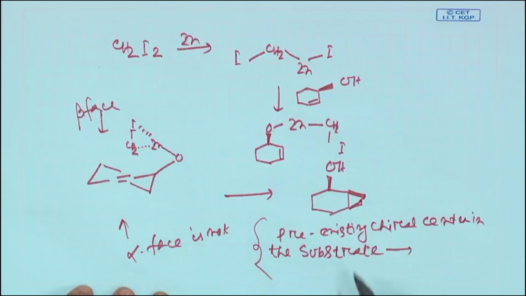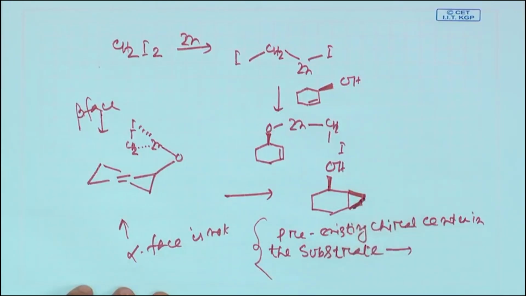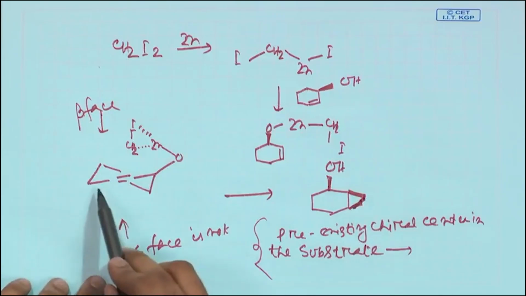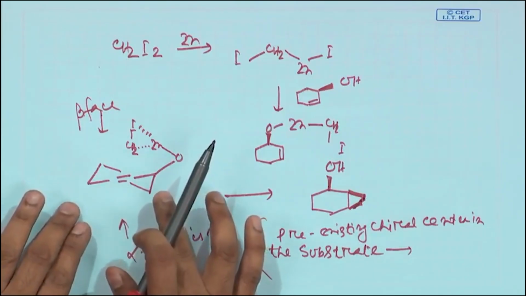You will find many examples, and particularly for cyclic substrates the control is very good, because a cyclic substrate has well defined conformational behavior.